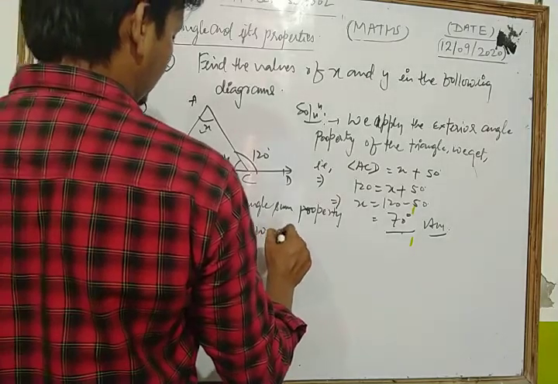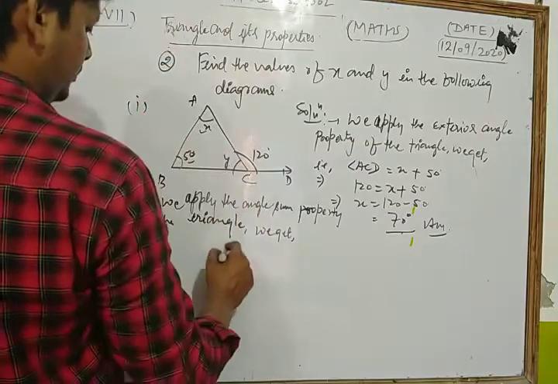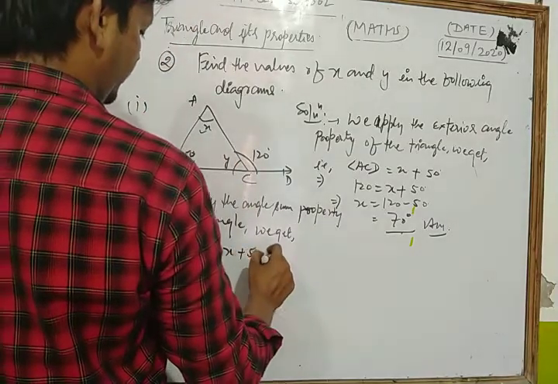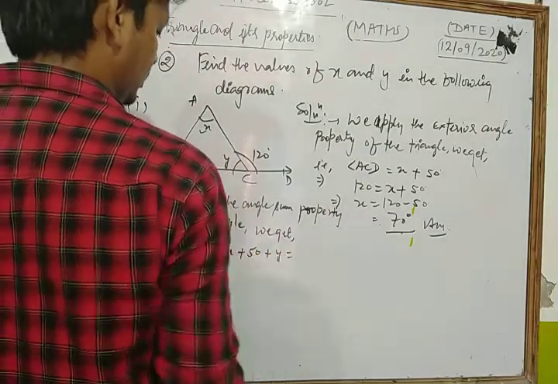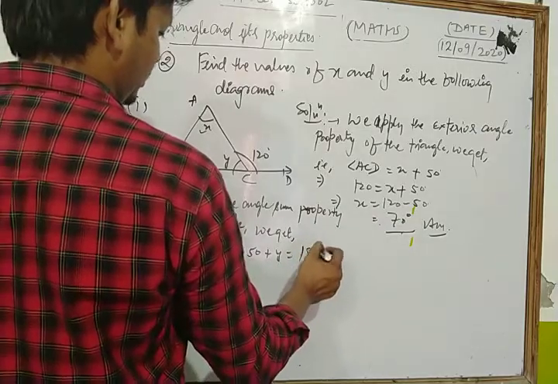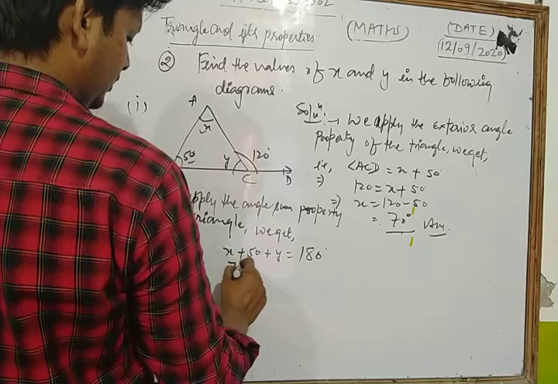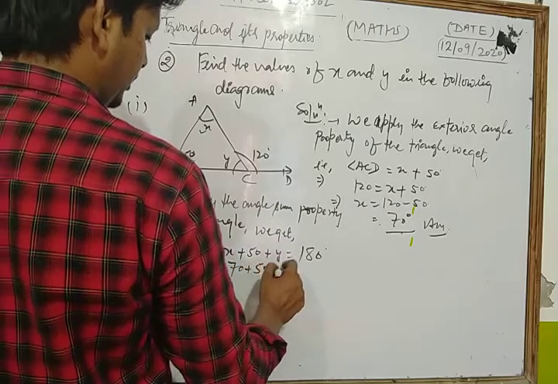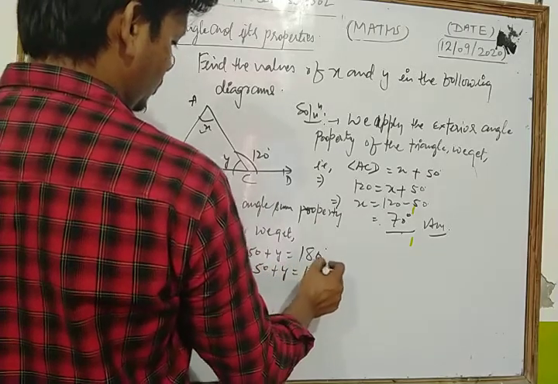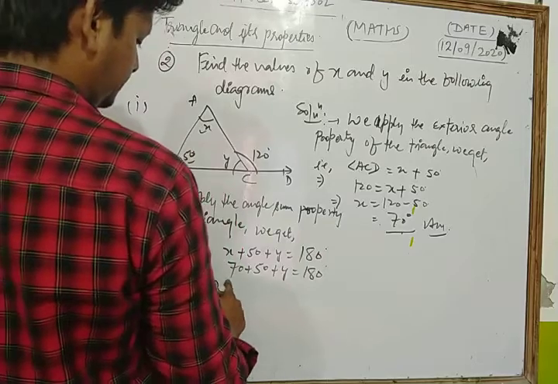We get x plus 50 plus y is equal to what? 180. Now we put the value of x as 70, so 70 plus 50 plus y is equal to 180. Now we have as what?